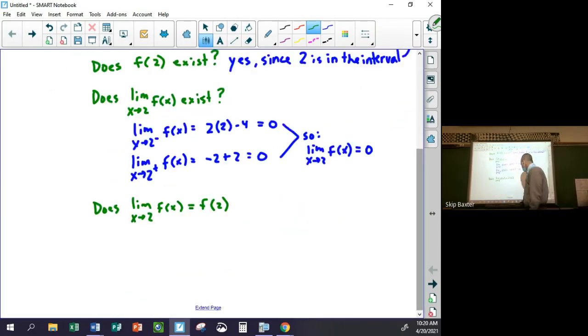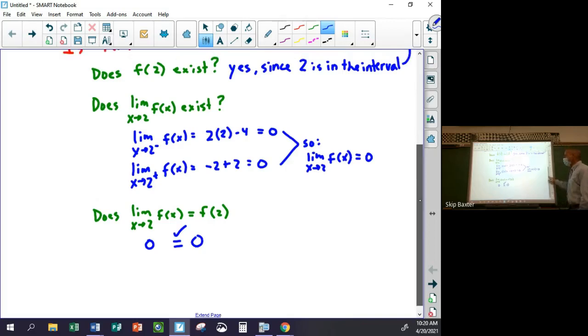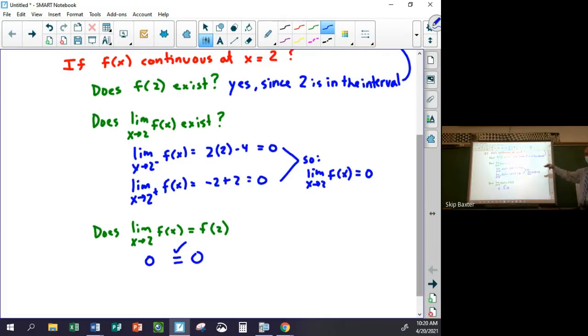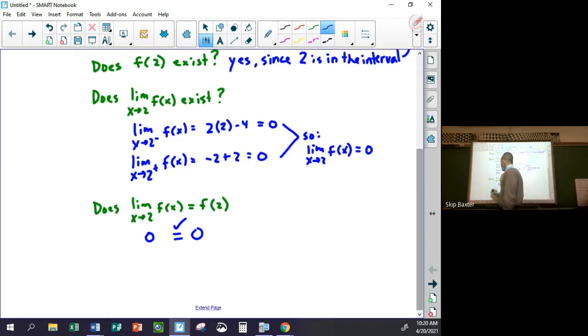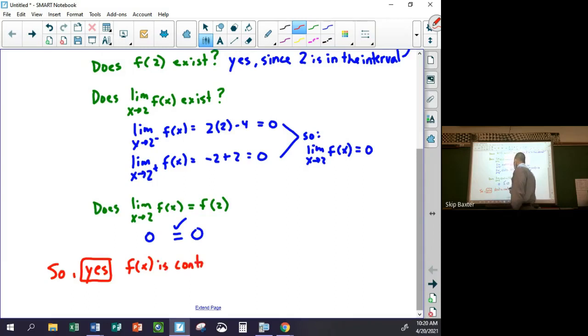So yeah, this is definitely true. 0 equals 0. So the answer is yes to that question. So since all three criteria are met for the function to be continuous, you could say yes, f of x is continuous at x equals 2.